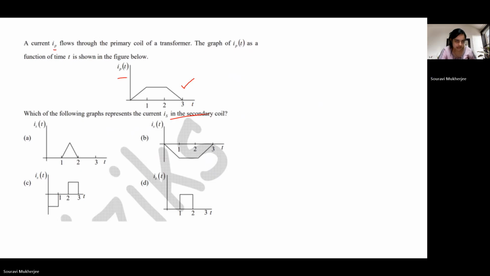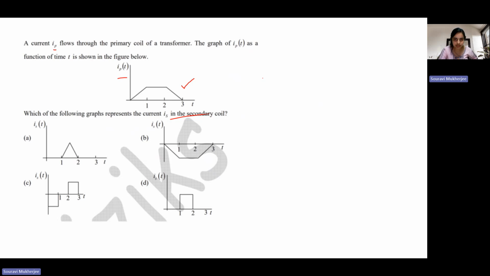Now, if we just try to write mathematically what we just discussed: IP is a function of time, right? So if IP changes with time, then the magnetic field that it generates changes with time, right? Now, if the magnetic field changes with time, that results in flux change.